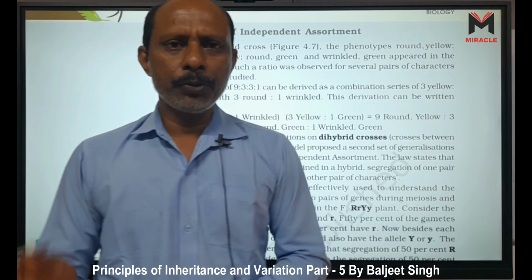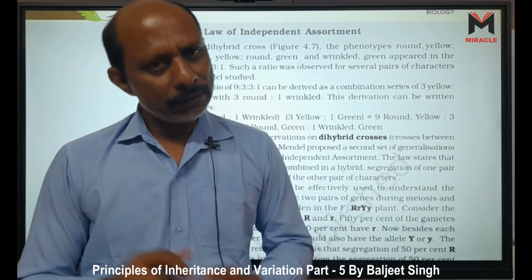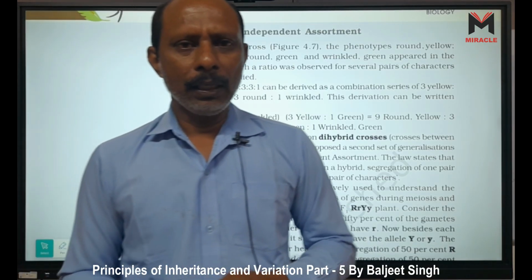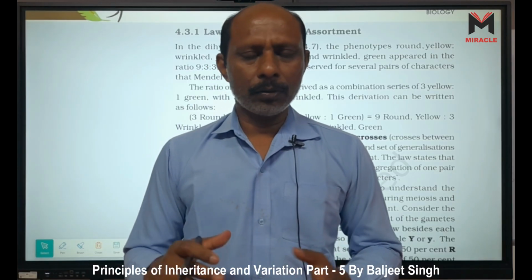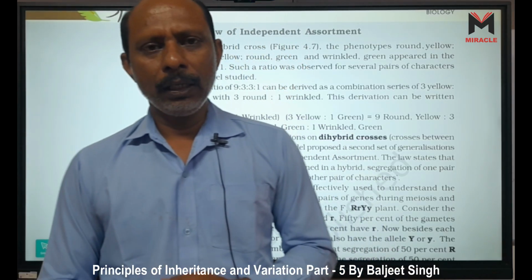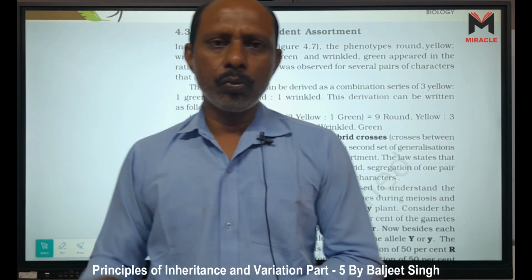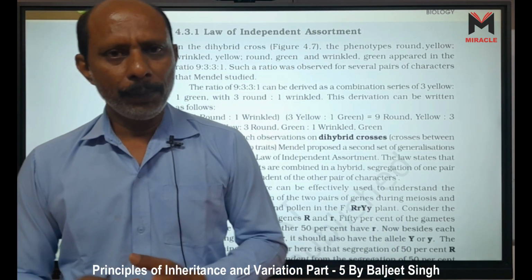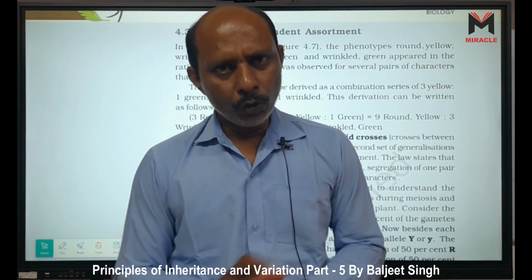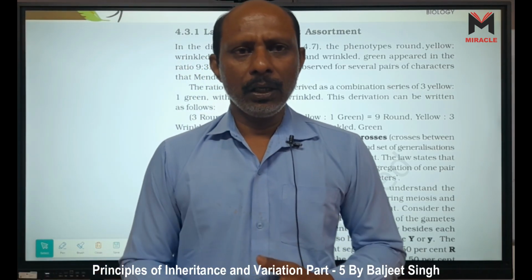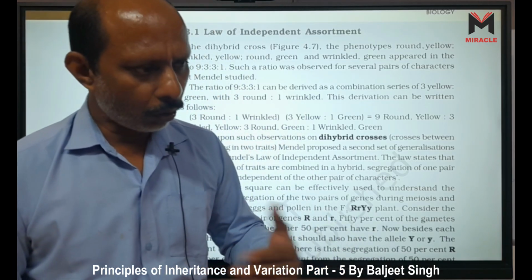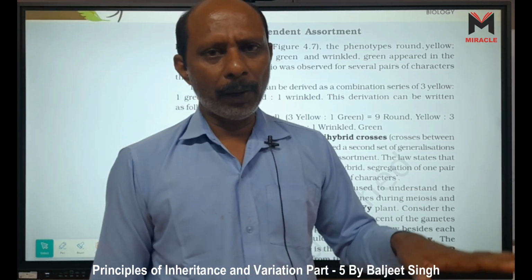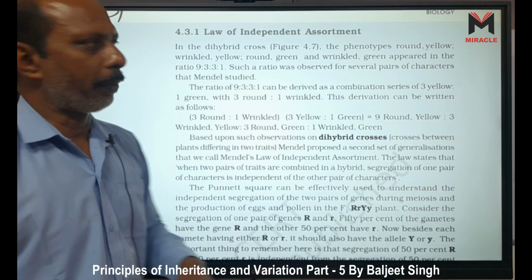This trait moves freely. The same happens for shape: wrinkled shape moves toward the round seed, and wrinkled shape toward the green seed. They move independently from one place to another. We can say that through crossing over or other things, they move independently. That is called independent assortment, right?